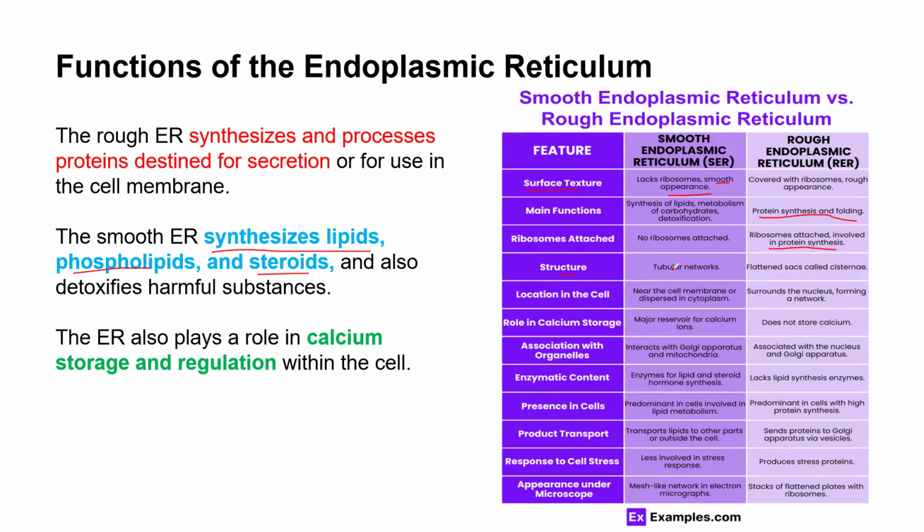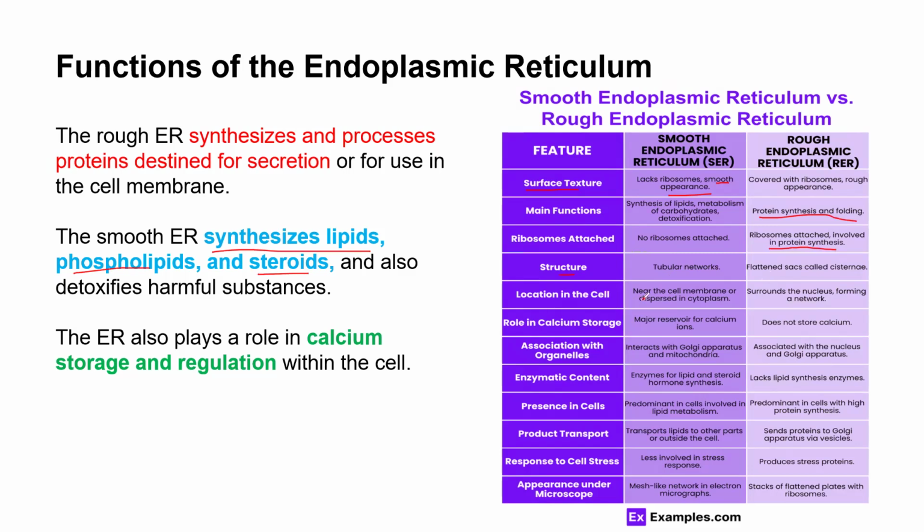Then the structure: the smooth endoplasmic reticulum has tubular networks, while the rough has flattened sacs, which are called cisternae. So there are cisternae in the rough endoplasmic reticulum, while there are none in the smooth endoplasmic reticulum. It only has tubular networks.